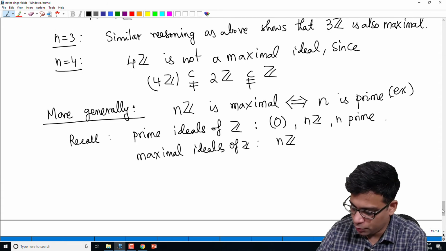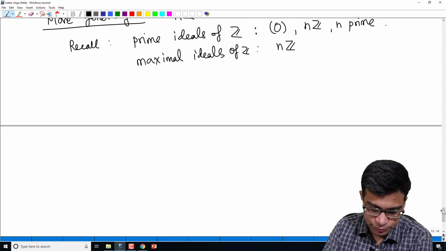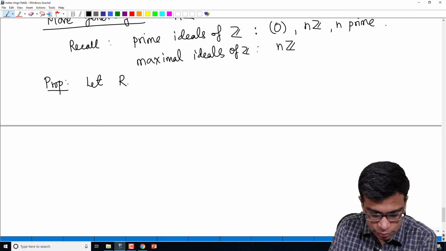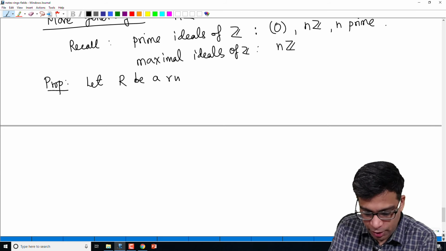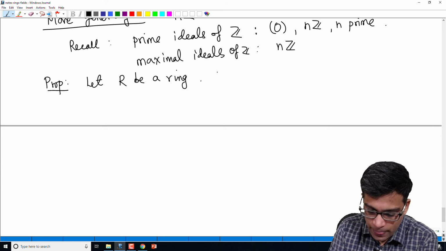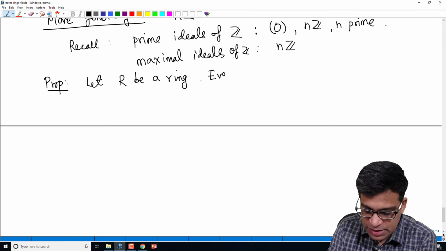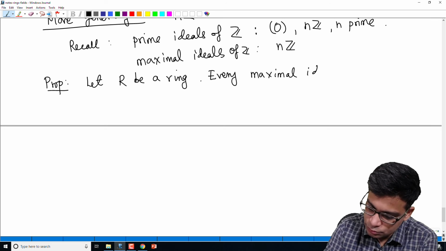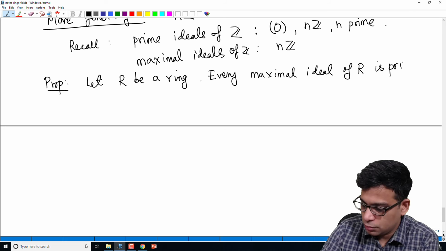In general, we have the following proposition: in any ring, let R be a ring, every maximal ideal of R is prime.